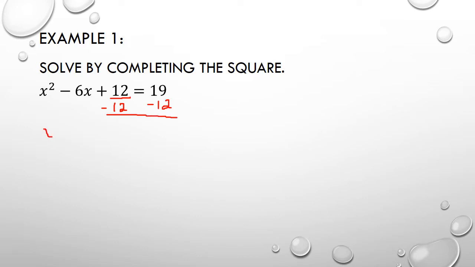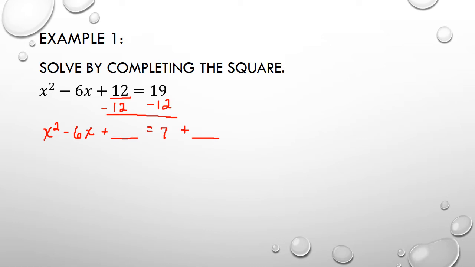Then that would give me x squared minus 6x plus, and then remember from class today, it's going to be plus a blank there, equals, and then 19 minus 12 gives us 7. And we're going to add something over here, because if we add something on the left side, we have to add something on the right side in order for it to stay balanced.